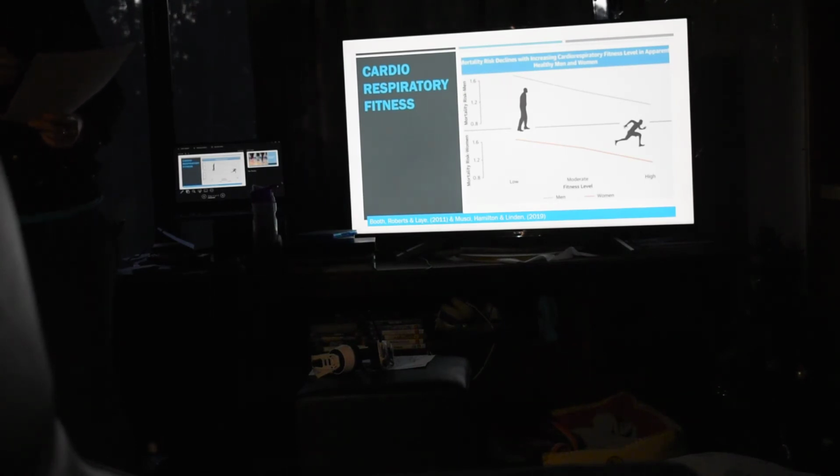So cardiorespiratory fitness and VO2 max is a major indicator of the person's ability to deliver oxygen to active muscles, which is very important to keep them functioning. So one of the best training exercises that is available is aerobic exercise, and it promotes cardiorespiratory fitness. So having CRF is one of the strongest predictors of long life.